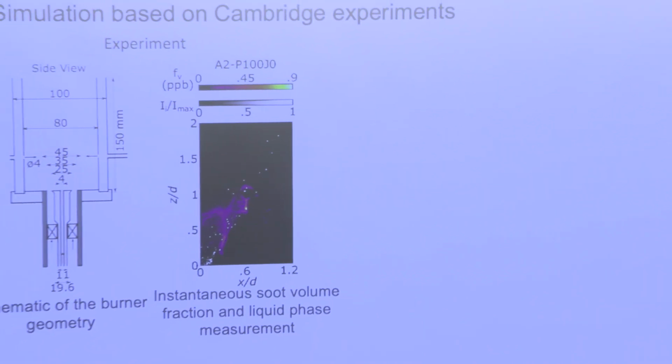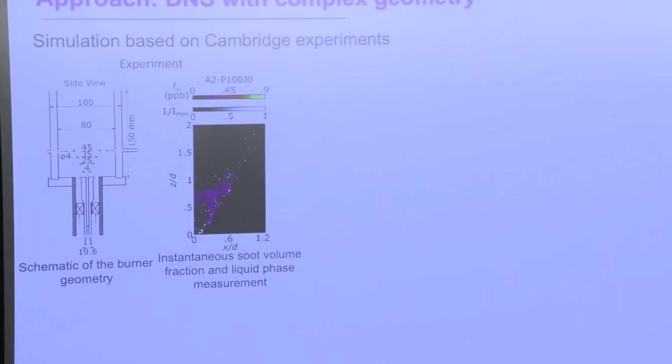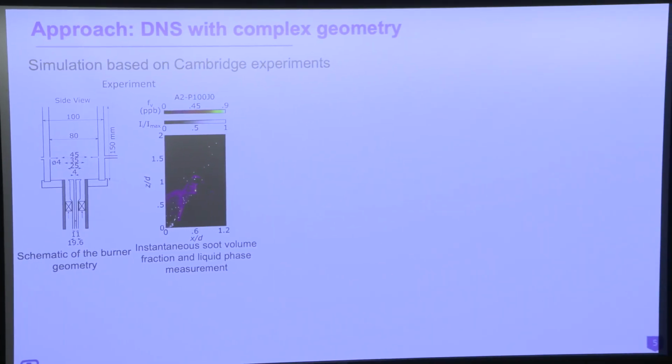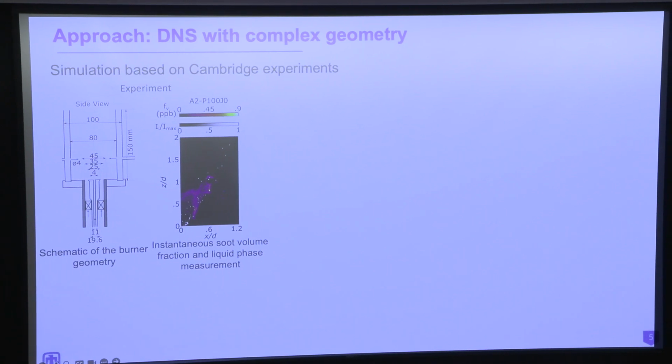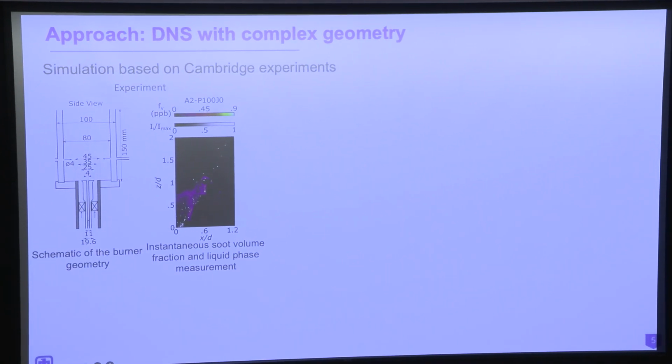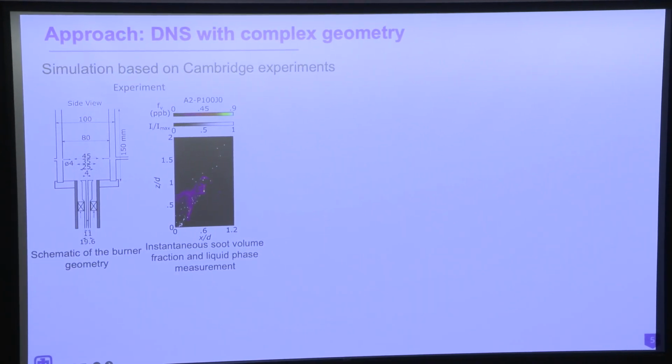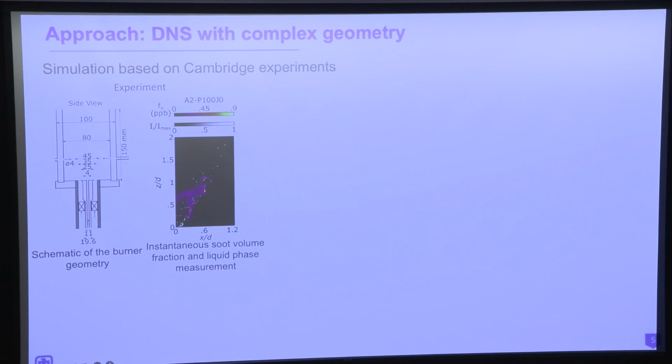Okay, so as I said, we performed DNS of a multi-phase swirl-stabilized lab-scale combustor from Cambridge. This is the configuration of the experiment conducted there, shown on the left. It has a bluff body geometry.